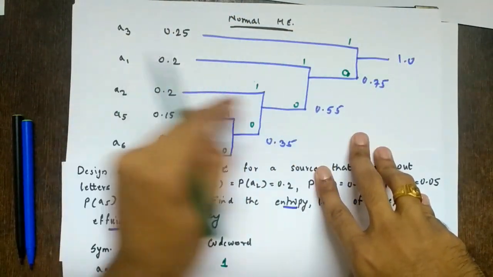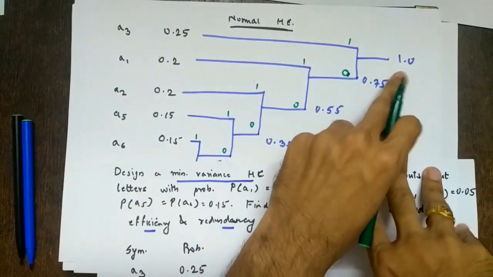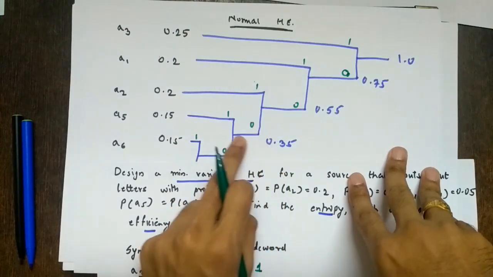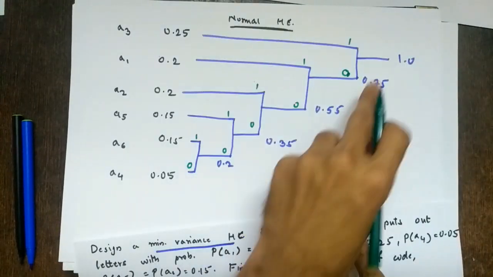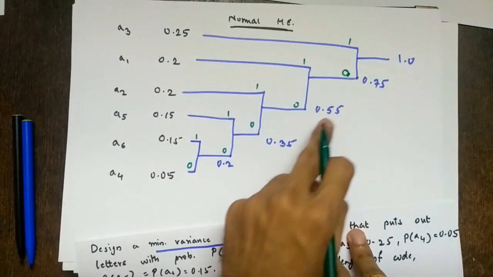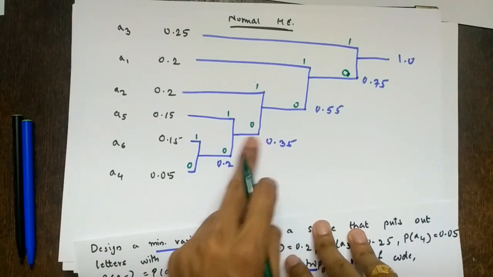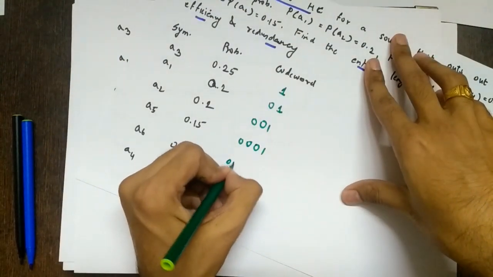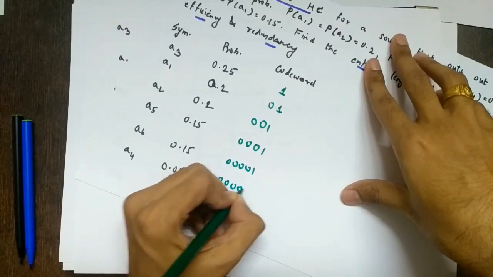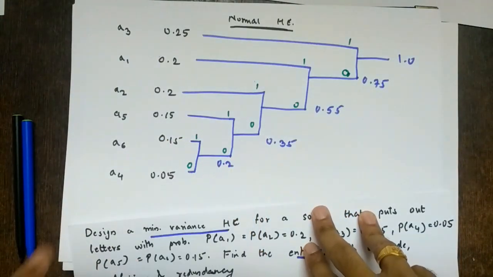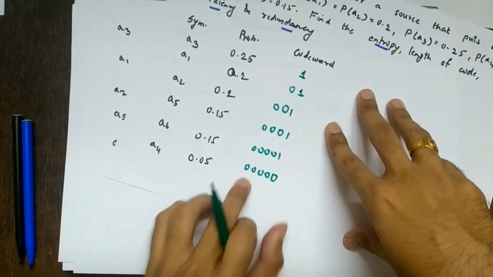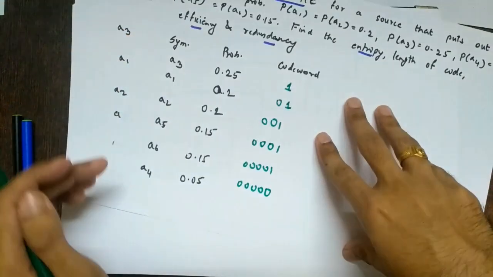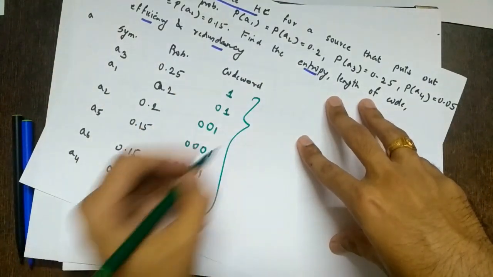That's why I always go from here. So 0, 0, 1. Then 0, 0, 0, 1 for A5. Am I correct? 0, 0, 0, 1. Then for A4, 4 zeros and a 1. So we are going from lowest code word length to the highest code word length. This is for normal Huffman code. I'll mention it here.